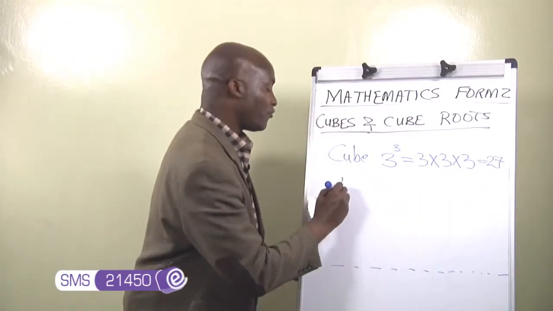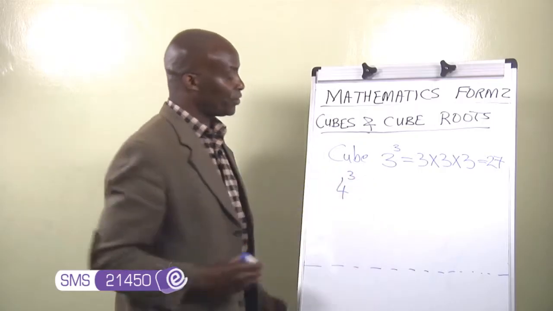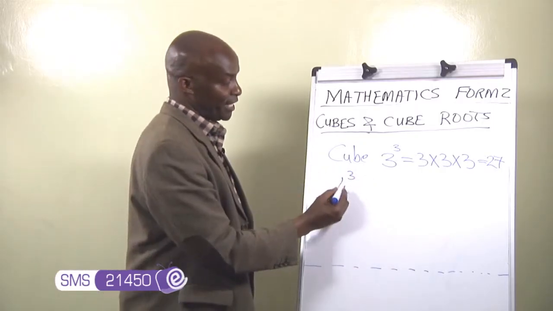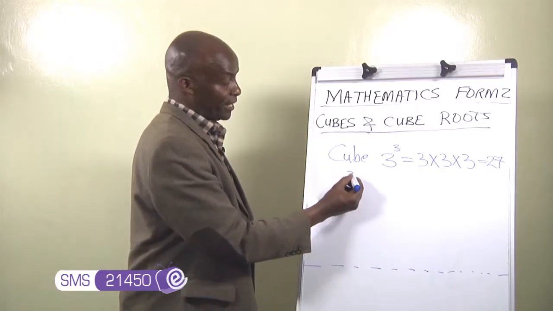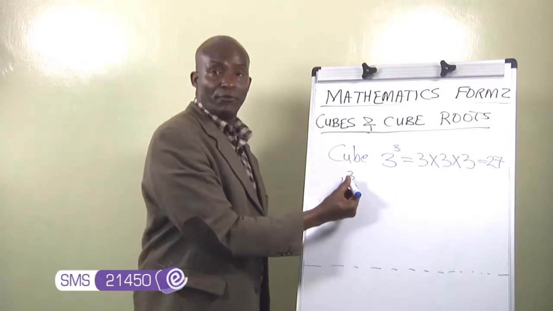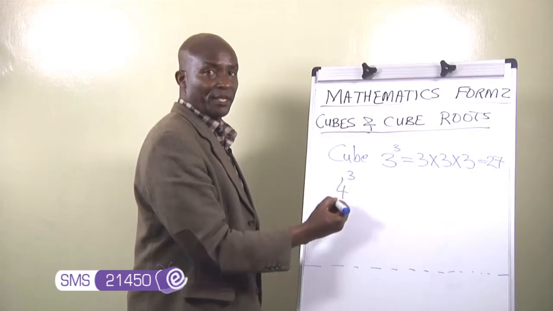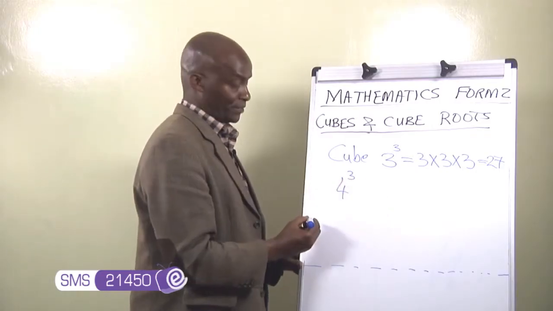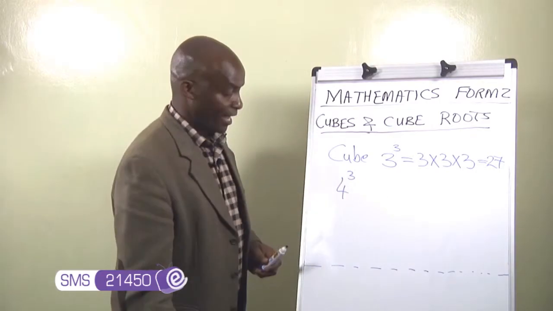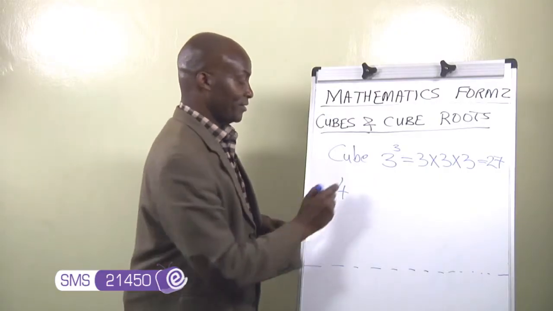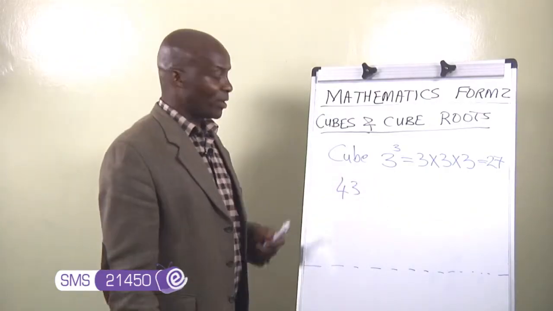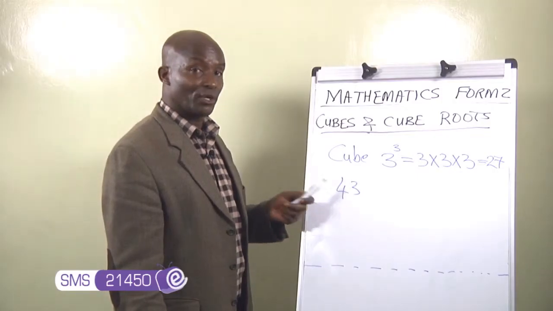The cube of 4 is 4 cubed, and the notation is 4, then slightly above in front of the number, you write the superscript 3. So don't write it as 4 3. If you write it that way, we will read it as 43.